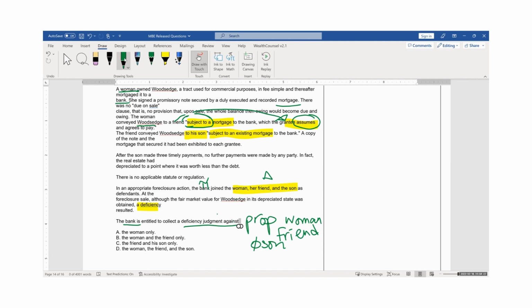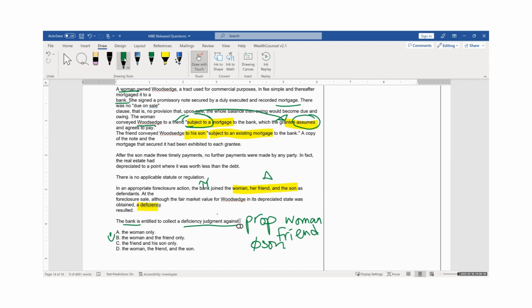The son is not. Here, answer choice B matches the answer you should have come up with. Answer choice B would be the best answer choice.